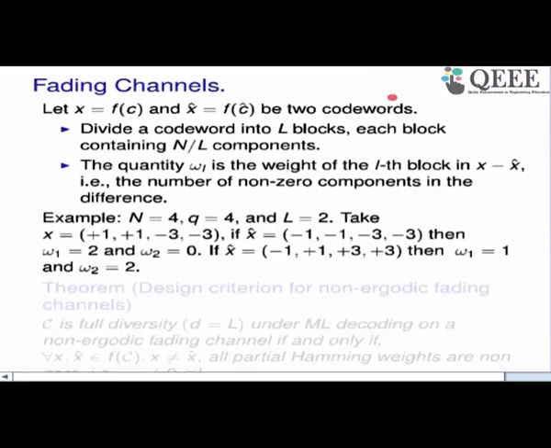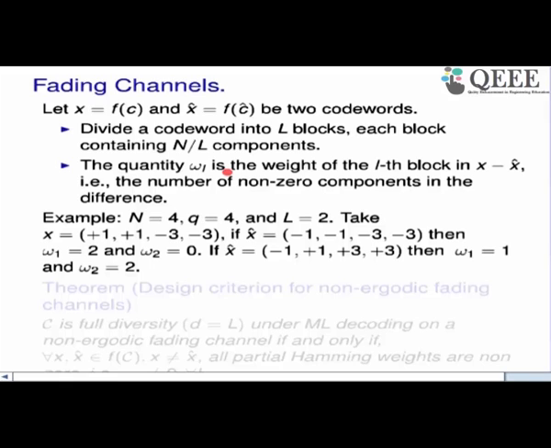Now with these 2 correlations, remember that in the first correlation, instead of epsilon we have 1 by gamma. And in the second, instead of the Hamming weight, we have the weight of the difference of the 2 symbols, or 2 symbol vectors.